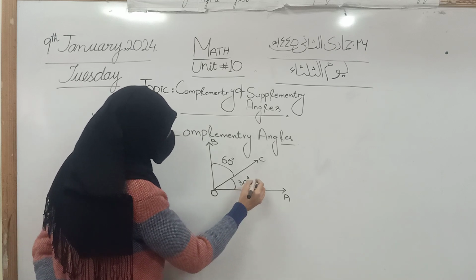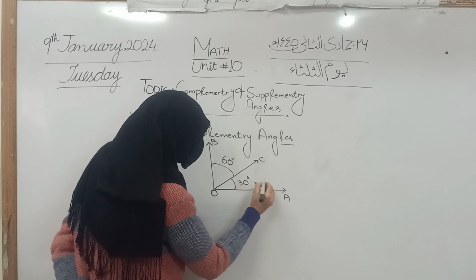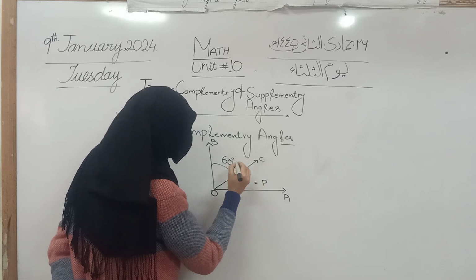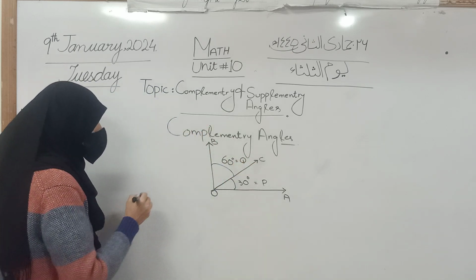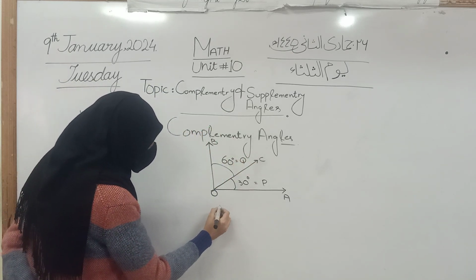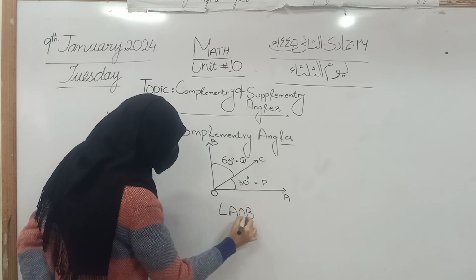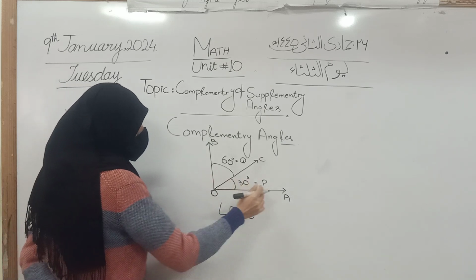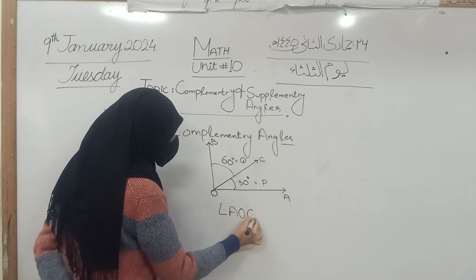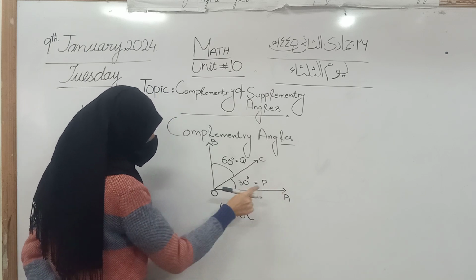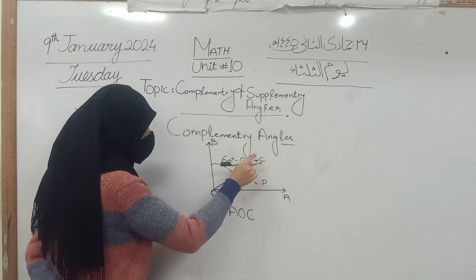I am writing here that this smaller angle of 30 degrees is equal to P, and this 60 degree angle will be equal to, let's suppose, Q. Now, I am writing here angle AOB, angle AOC. And what is the measure of angle AOC?